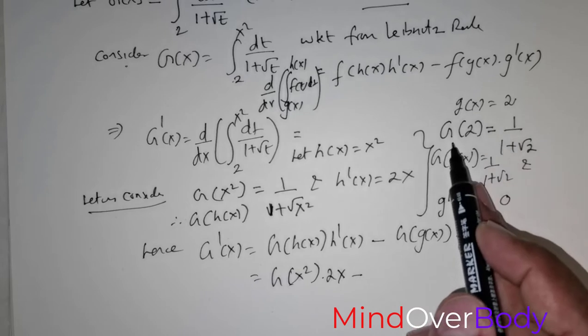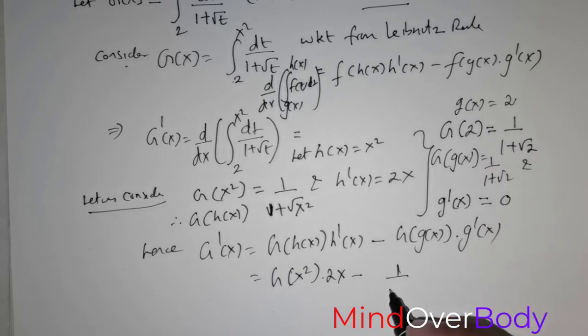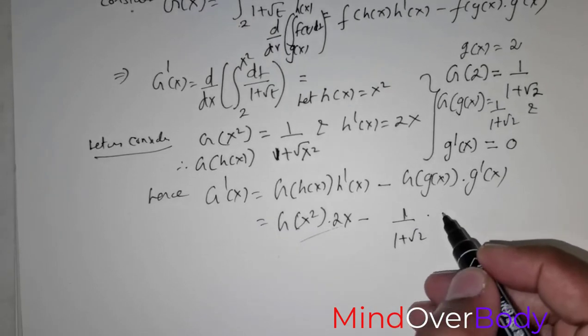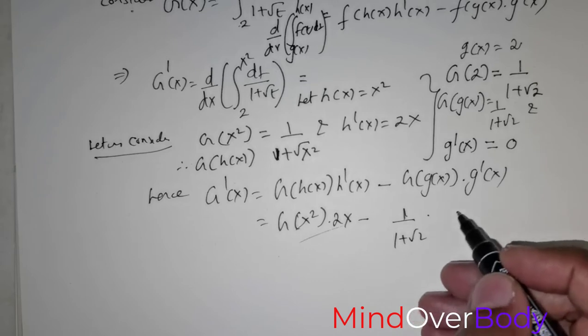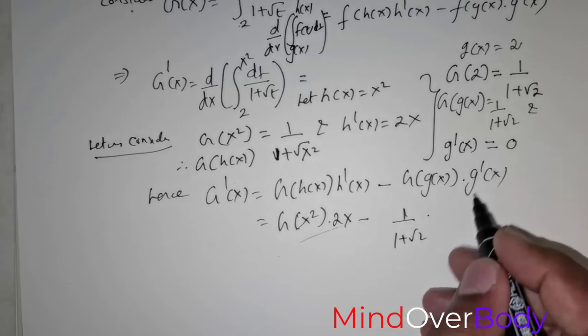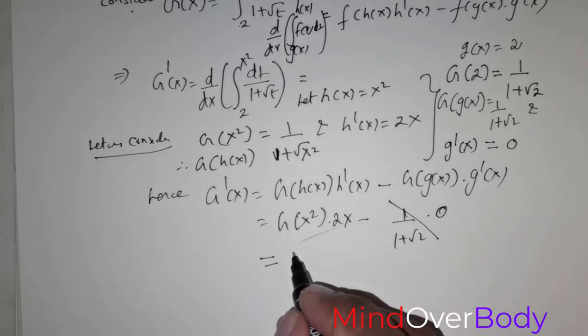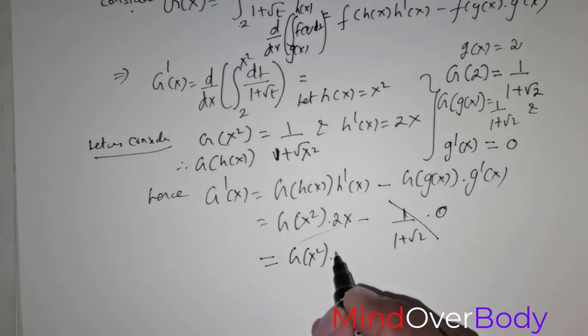G of x is 2, so f of 2 is 1 over 1 plus root 2. I should have placed that value also here, but anyway let me just continue on. G dash of x is equal to 0, so this is going to go off. All that is left is f of x squared times 2x.